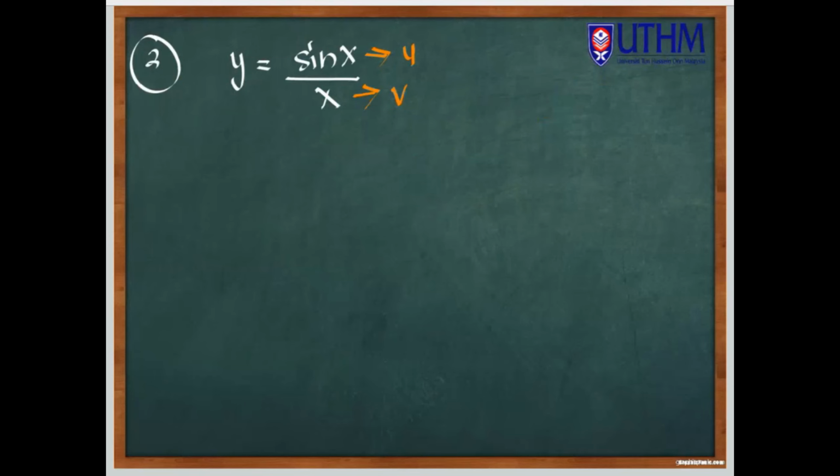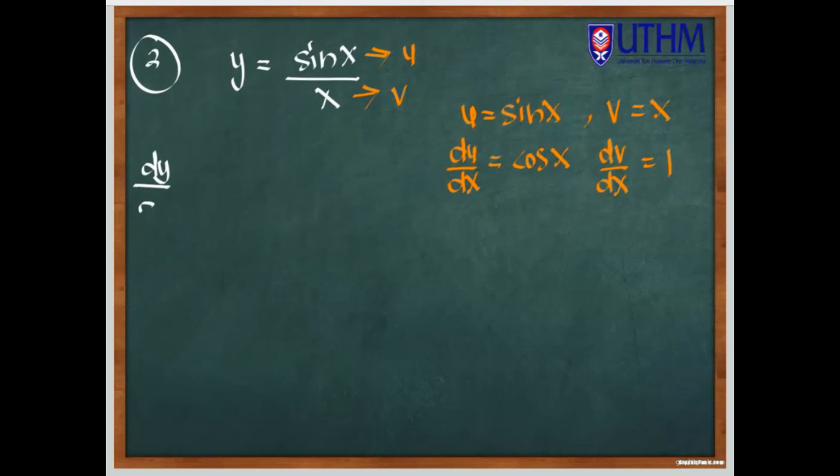So u is equal to sine x, then differentiating u, du dx, we will get cos x. We know that v is equal to x, so when we differentiate v, dv dx is equal to 1. By using the quotient rule, dy dx is equal to v du dx minus u dv dx, divided by v squared.